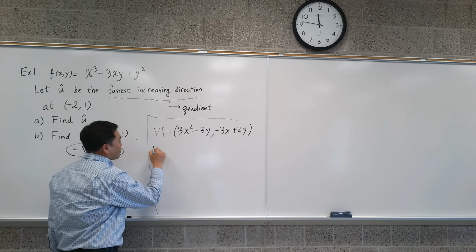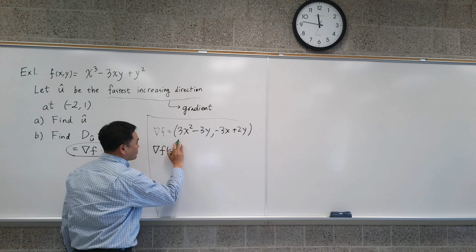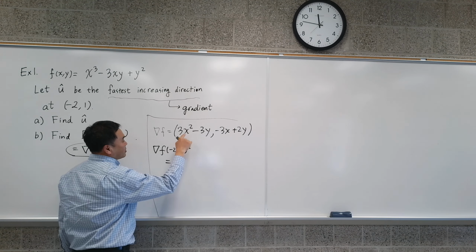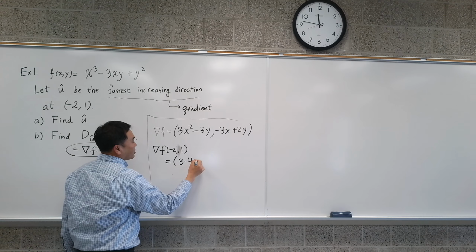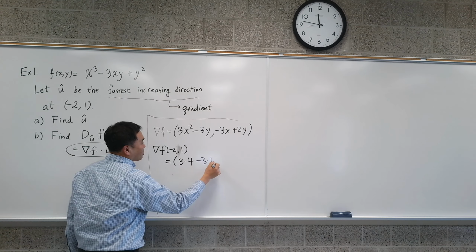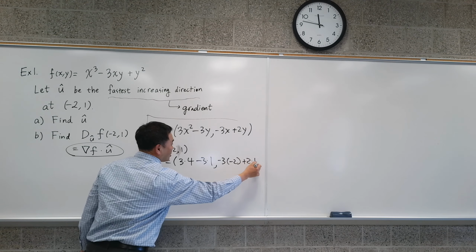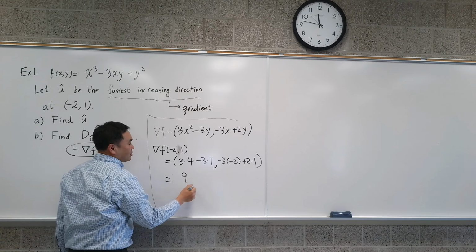So let's find the gradient at (-2, 1). And that's going to give me (-2) squared is 4, so that's 3 times 4 minus 3 times 1, which is 12 minus 3, that's 9.